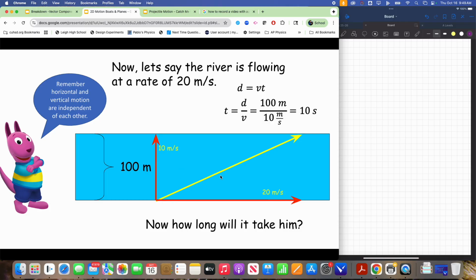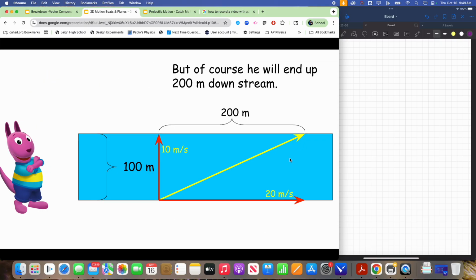But his resulting displacement and his resulting velocity will follow this yellow arrow. So what it's really going to ask is how far downstream does he end? Then I would only look at the horizontal velocity and that time of 10 seconds. So then this was distance equals velocity times time. It's the 20 meters per second, and now he's moving horizontally for 10 seconds.